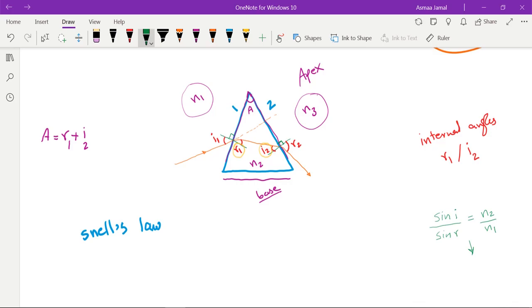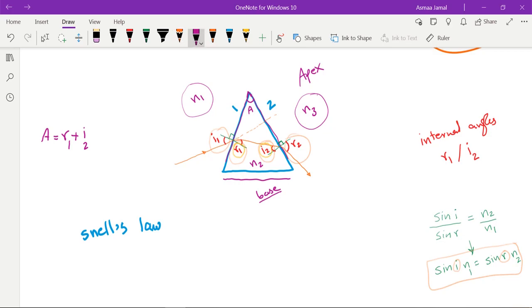So we can do it like that: the sine of the incident ray multiplied by the refractive index of the first surface will equal the sine of the refracted ray multiplied by the refractive index of the second surface. Of course, here we are talking about angles. So we can use this formula in the prism here. I1 is related to R1 and I2 is related to R2.